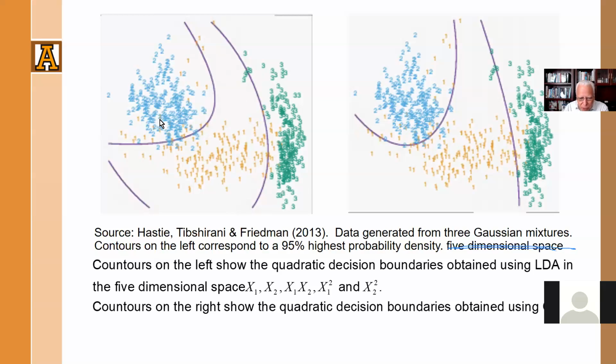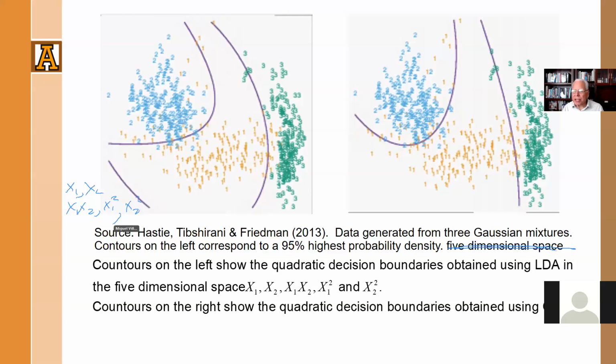So on the left, we have what we would get if we fit a linear discriminant function to the variables x1, x2, x1 times x2, x1 squared, and x2 squared.